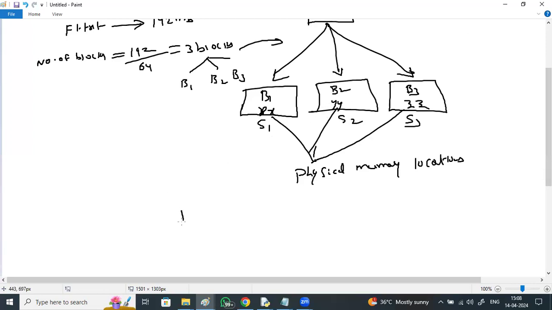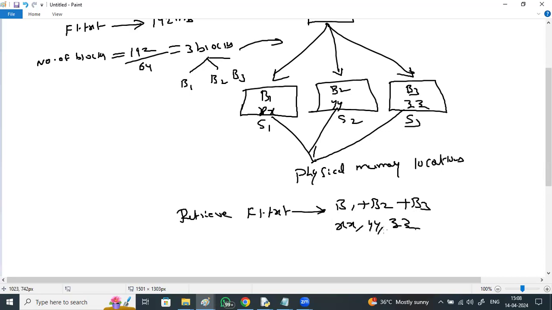So if I want to retrieve f1.txt, meaning B1 plus B2 plus B3, it has to go and access the memory locations of B1, B2, and B3.